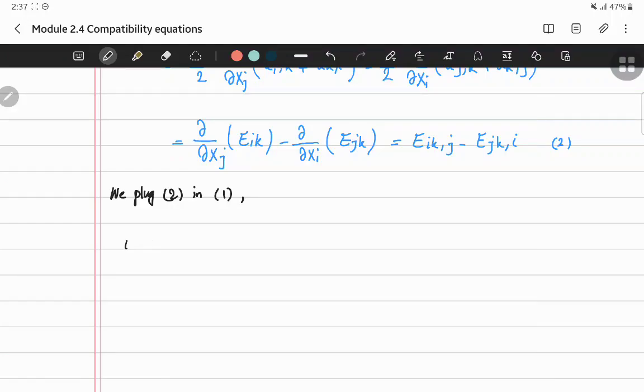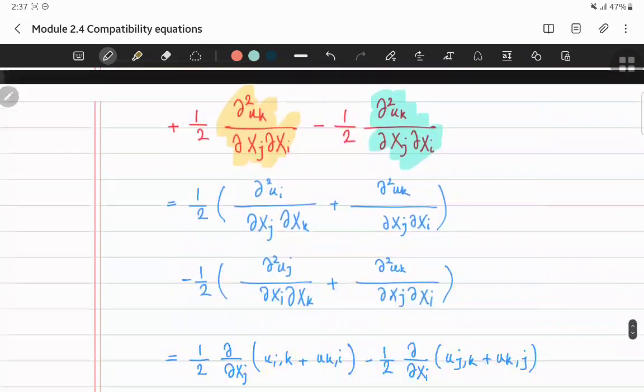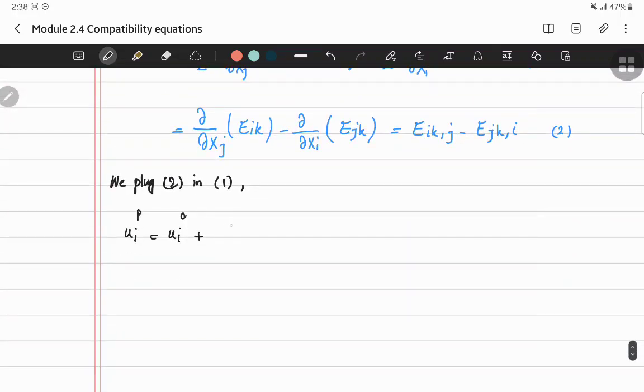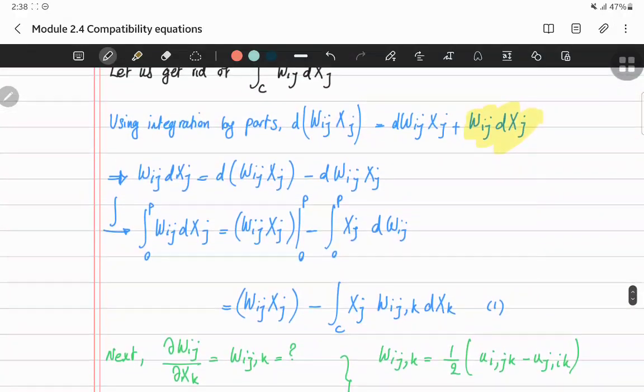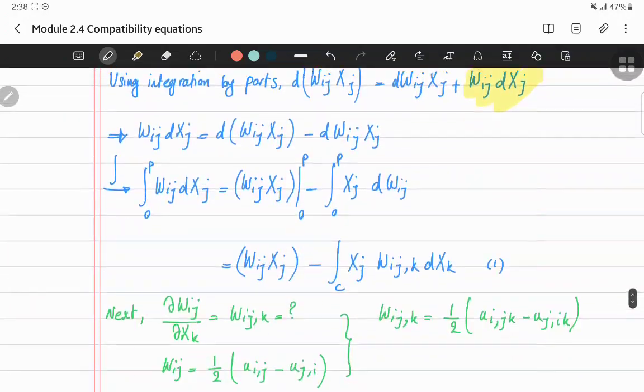So I get u_i at p is equal to u_i at o plus, if I remember, w_ij x_j. We were not in here, we were in here.